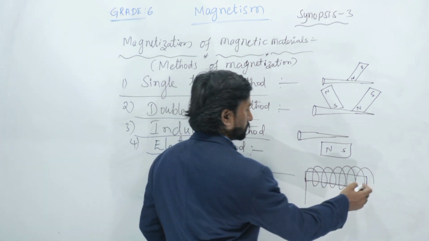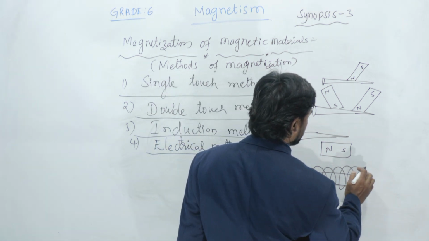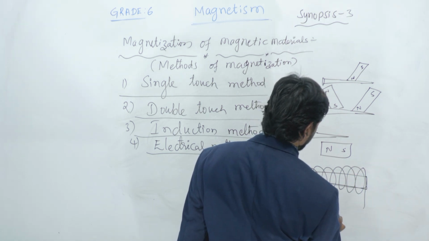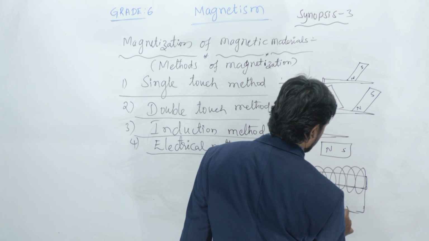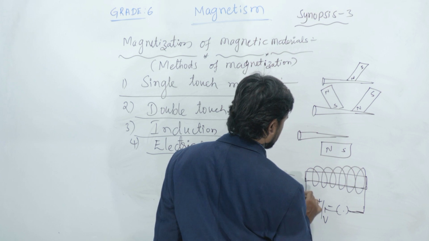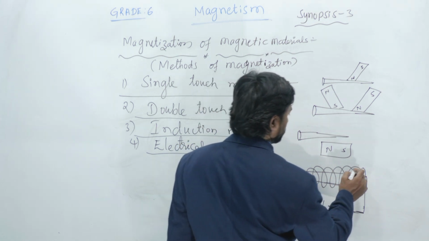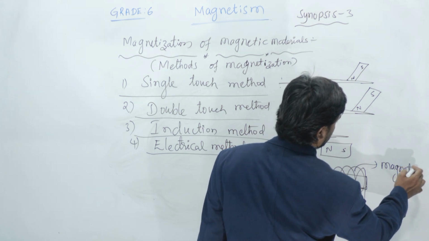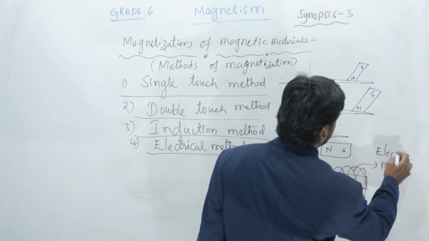The two ends of this coil are connected to the battery, and here is the switch. When the switch is closed, an electric current passes from the cell, and the coil will act like a magnet. This is called the electromagnet.